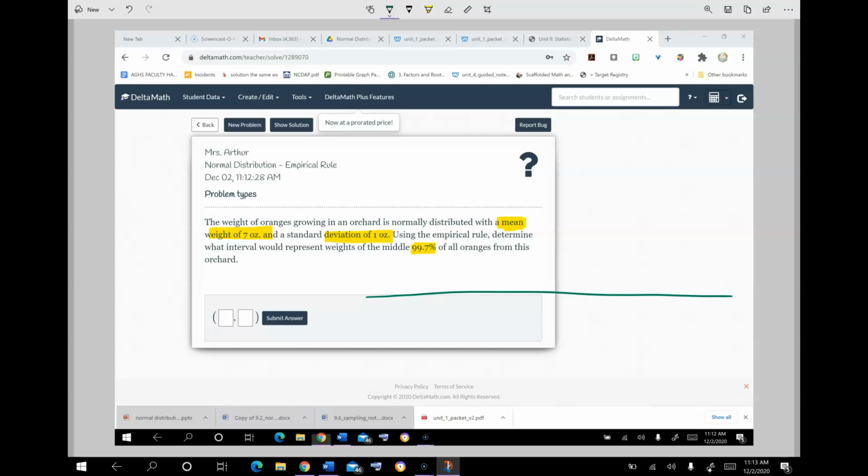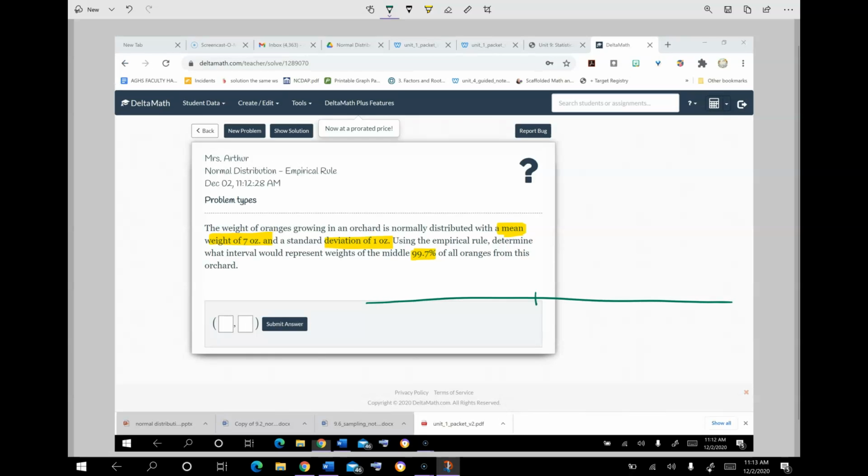So I'm going to draw my line. My mean is in the middle, and I've got to go 3 times. So I'm going to add 1. This is going to be 8, subtract 1. So you subtract when you go to the left, you add when you go to the right. But that is going to be 68%, okay? So we still got to go. We're going to subtract 1 again and get 5. We're going to add 1 again and get 9.